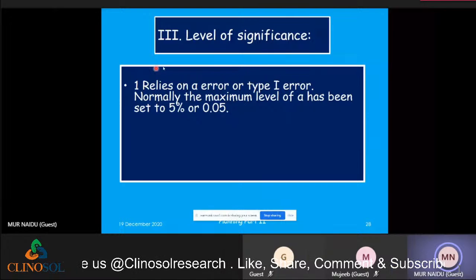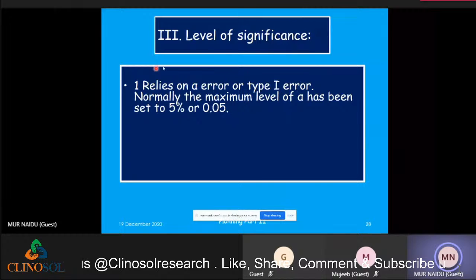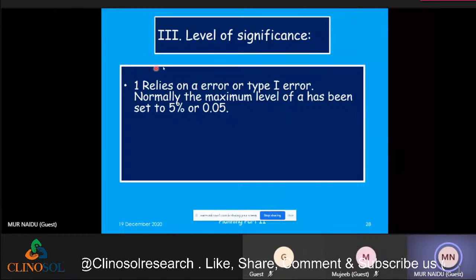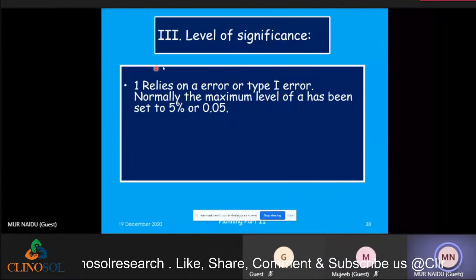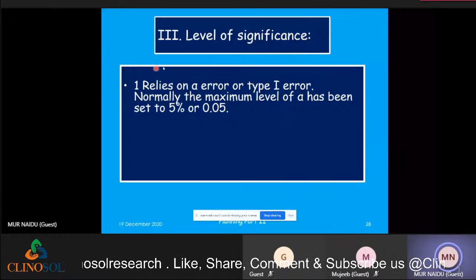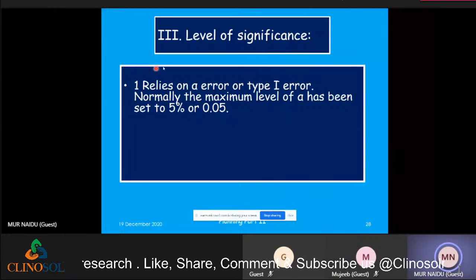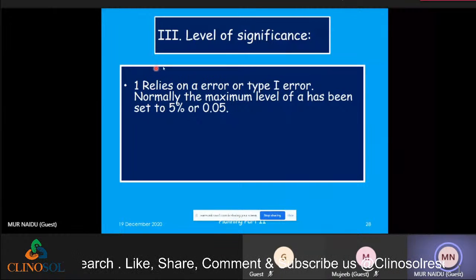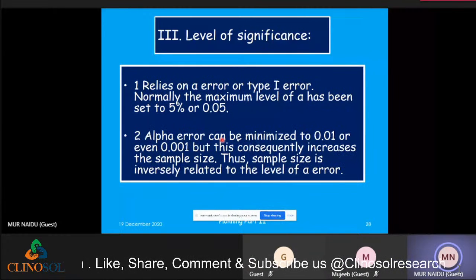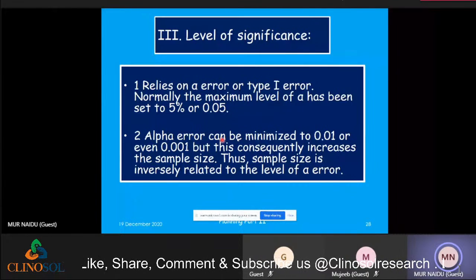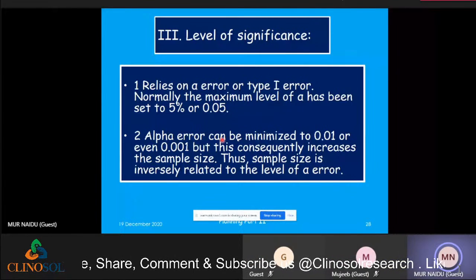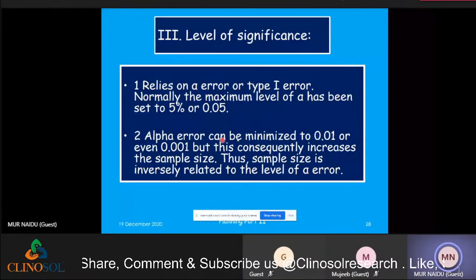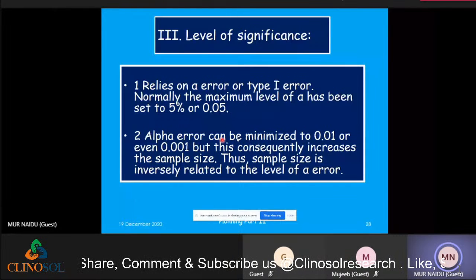Then you can change the alpha error from 0.05 to 0.01, or even you can say I want to do 0.001, you can do. If you decrease the probability from 0.05 to 0.01 or 0.001, it is very good. You get a very good effect, but the sample size will increase.